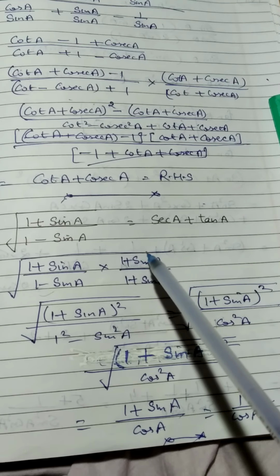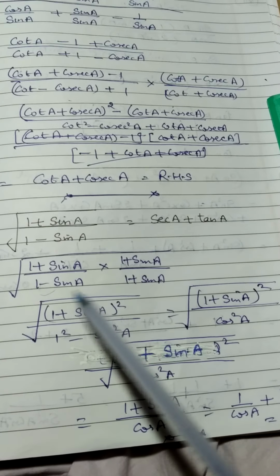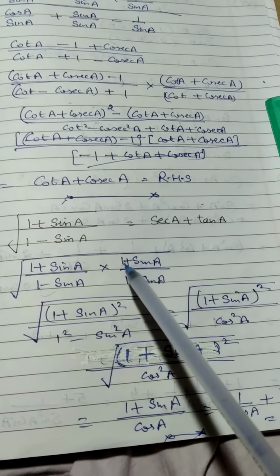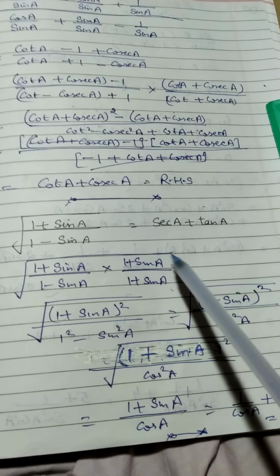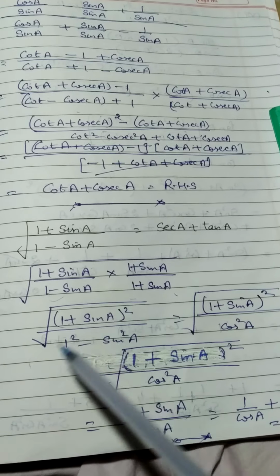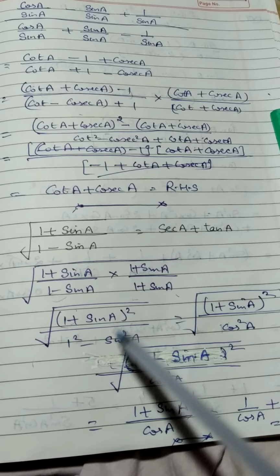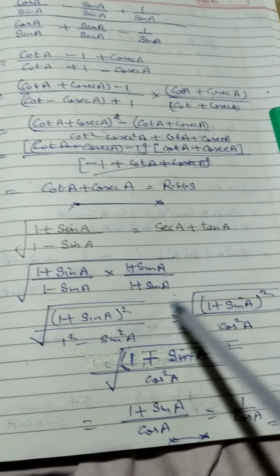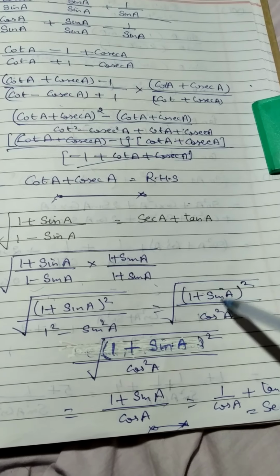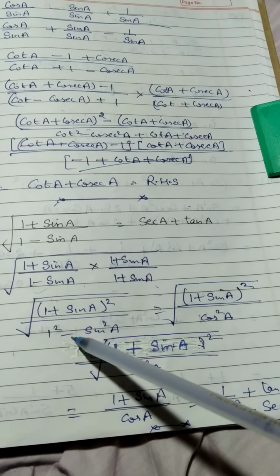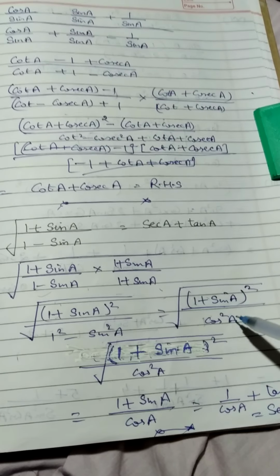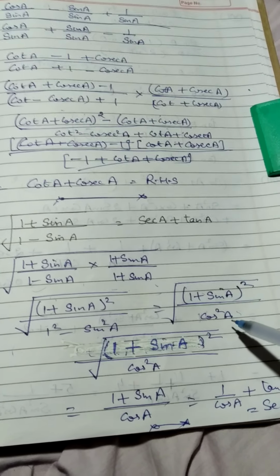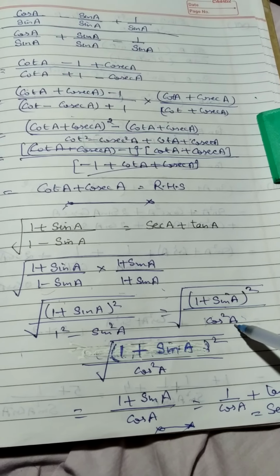and multiplied and divided by 1 plus sin A upon 1 plus sin A. Now it becomes (1 plus sin A) whole square upon 1 square minus sin square A, using (a minus b) into (a plus b). It is (1 plus sin A) whole square upon 1 minus sin square A, which is cos square A. Just now I told you how we have brought it from the identity cos square A plus sin square A is equal to 1.